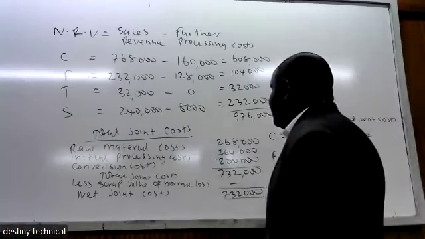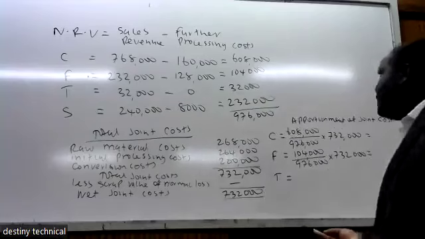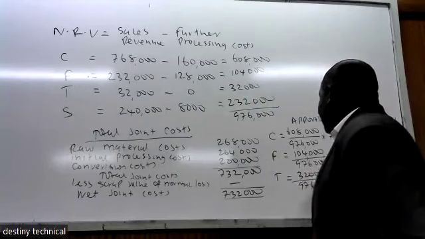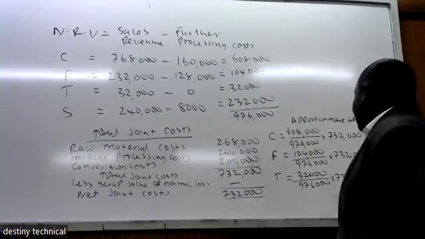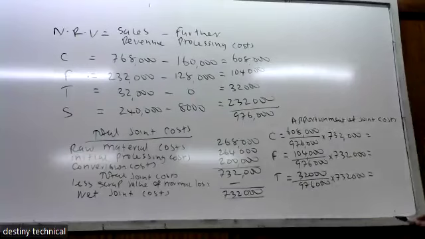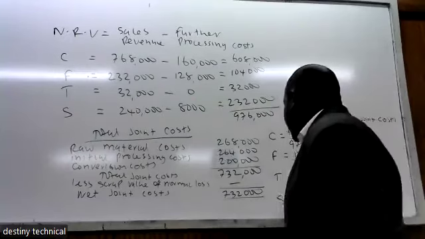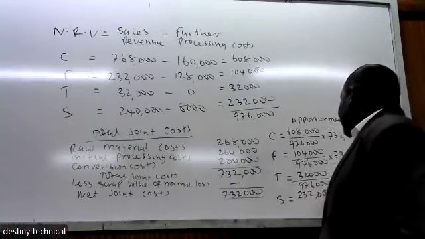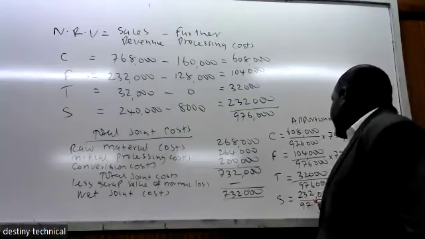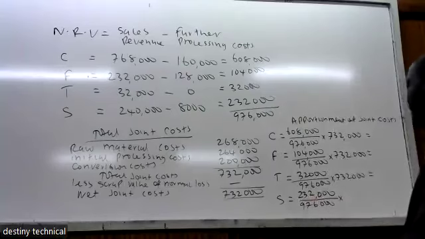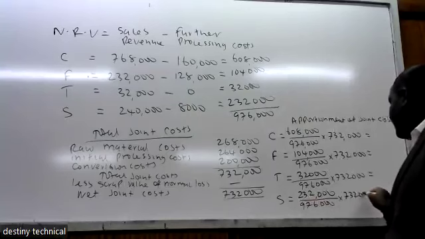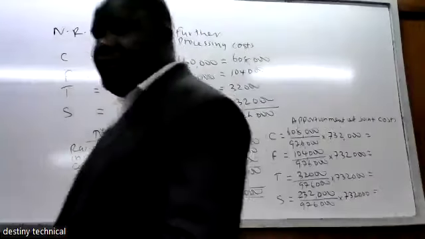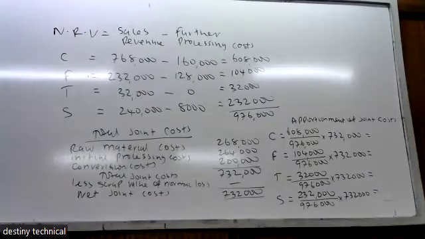Also apportion to T. Also S. So you get those totals, you get the joint cost for each product.